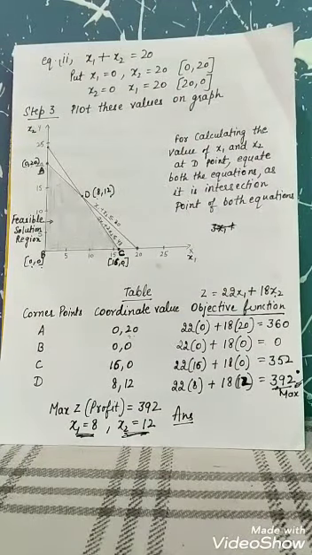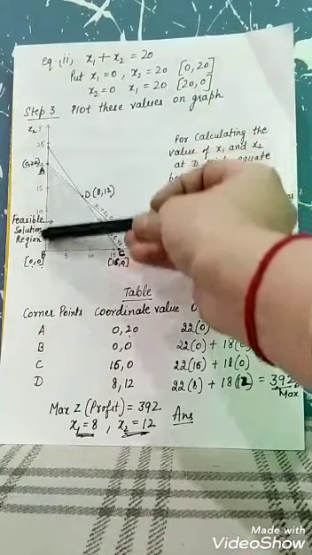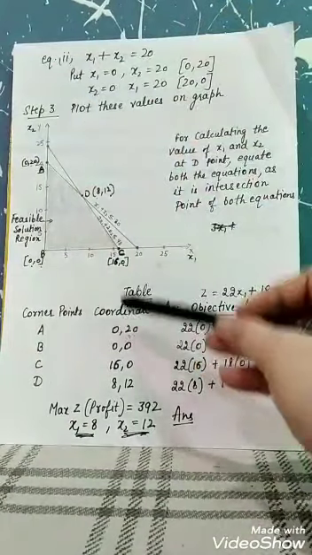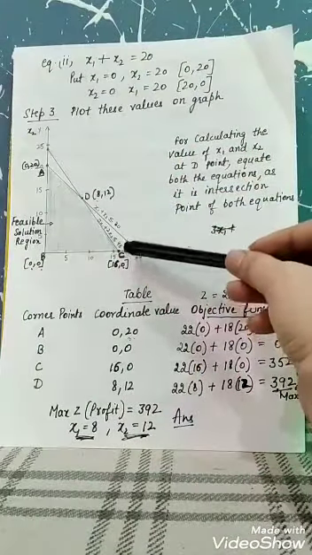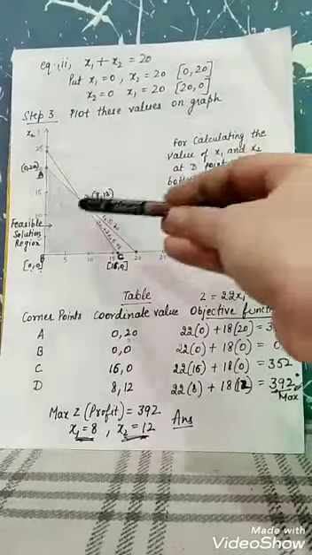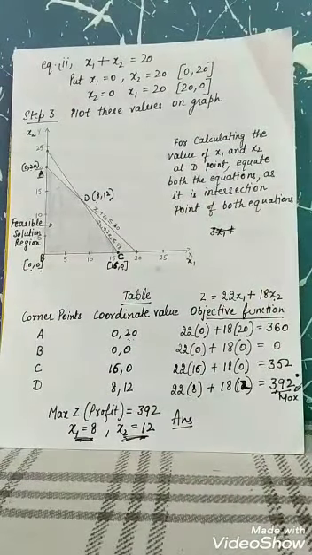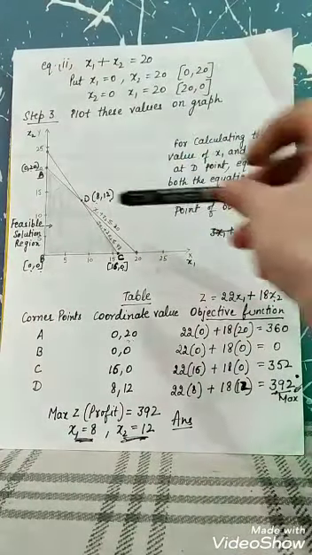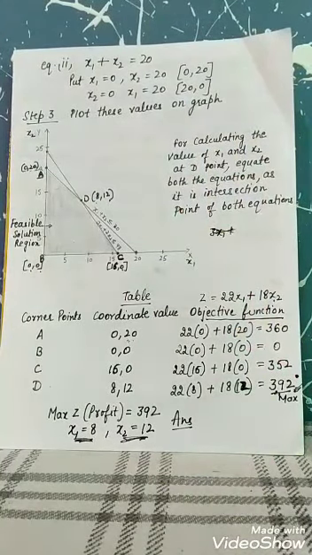For A the value is (0, 20), for B it is (0, 0), and at C (16, 0), and then D. For calculating the value of x1 and x2 at D point, you can equate both the equations because it is an intersection point of both the equations. So after solving both equations I got (8, 12). So all coordinate values of A, B, C, D are calculated now.